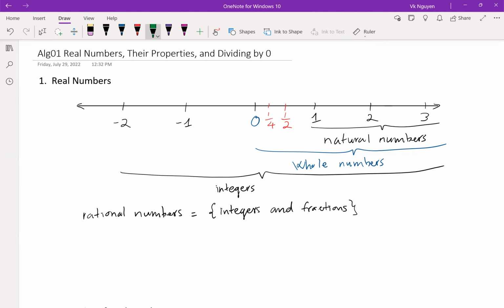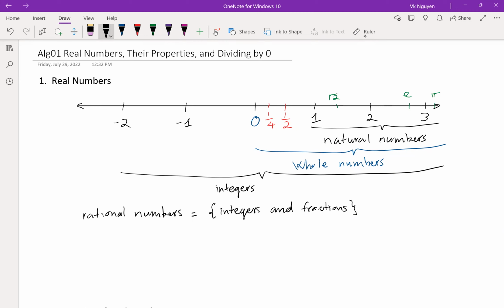There exist numbers that are not rational, numbers that we cannot express as integers or fractions, such as square root 2, e, pi.